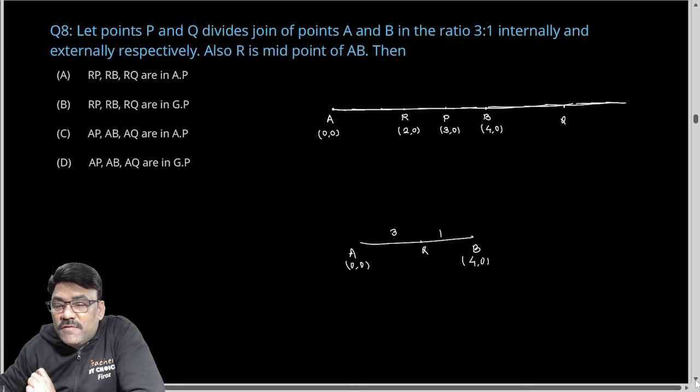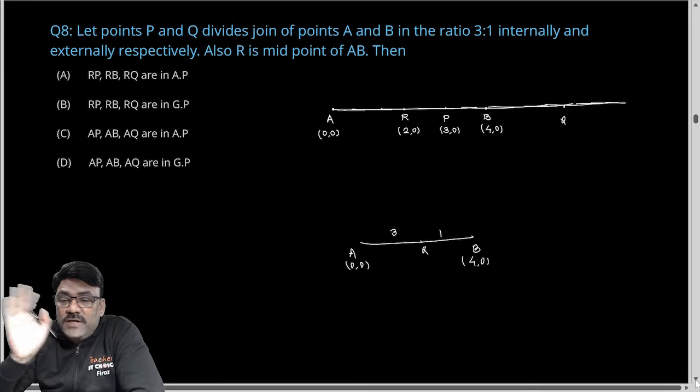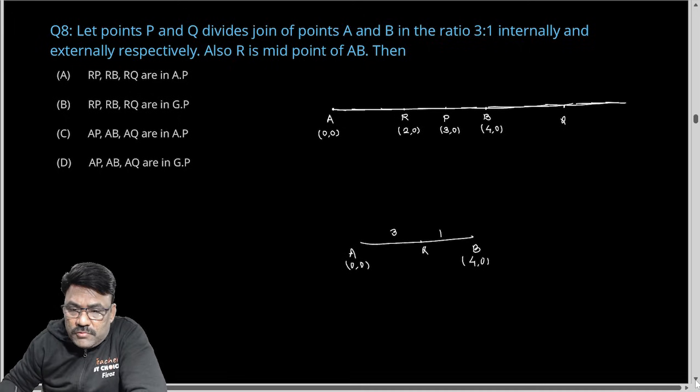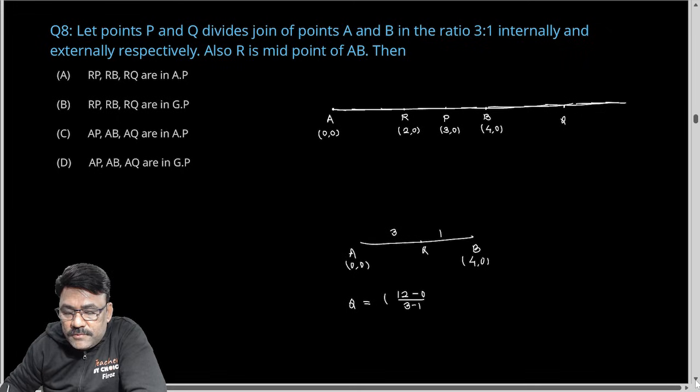It means when you use the formula, you will write (m1x2 minus m2x1) over (m1 minus m2). So what will be the coordinates of Q? m1x2, 3 into 4, 12. Minus m2x1, 1 into 0, over m1 minus m2, 3 minus 1. And obviously y coordinate will be 0. So actually Q is (6, 0).